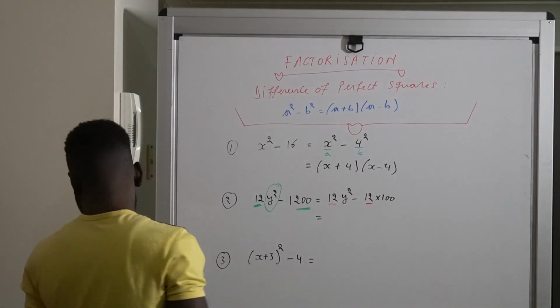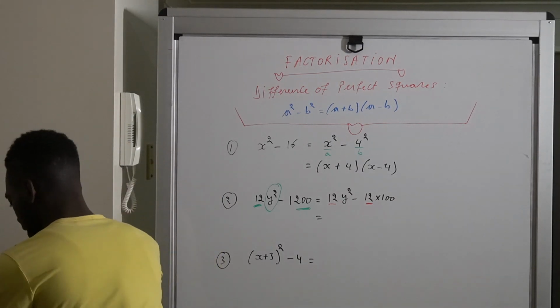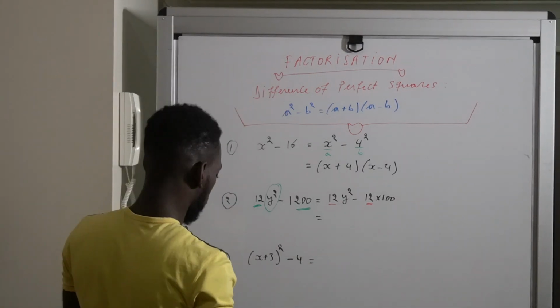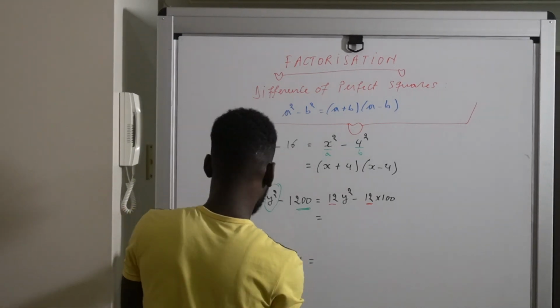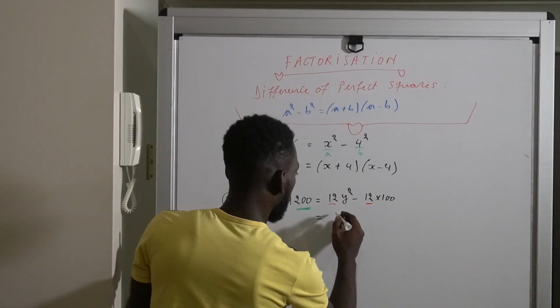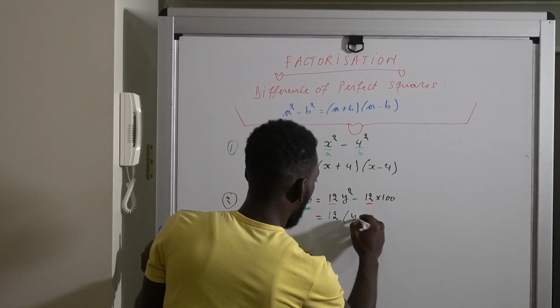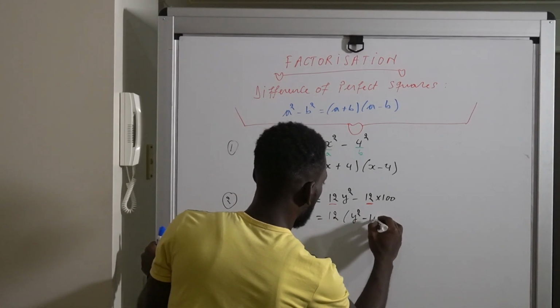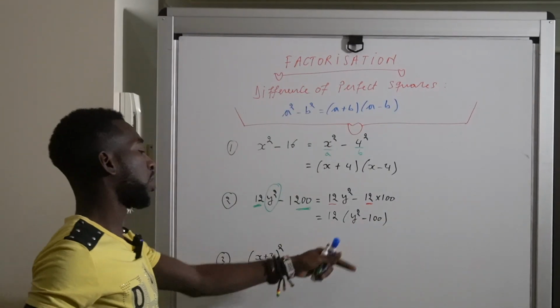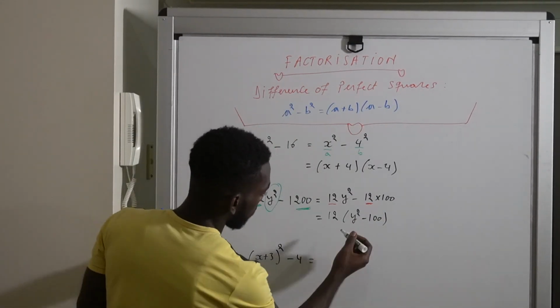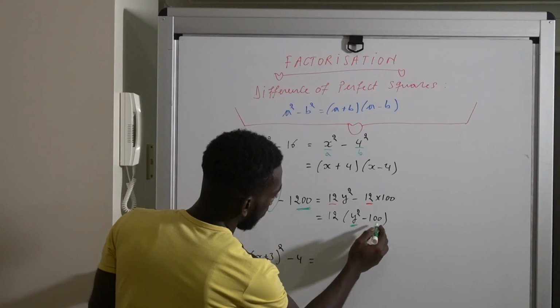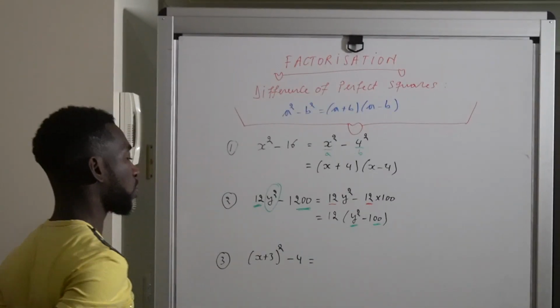And when you get the common factor, what you just do is take out the common factor, 12, and then you have y squared minus 100. And this one, again, I'm seeing my a, but this is not my b because it's not squared.